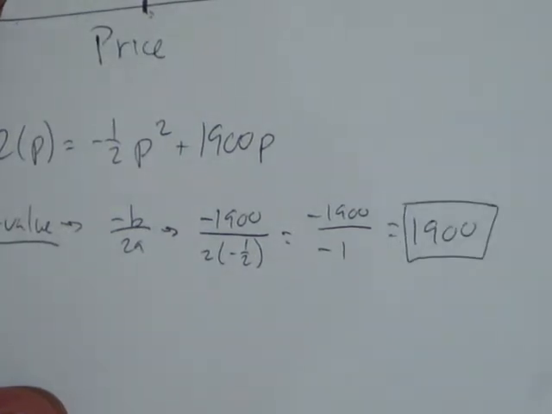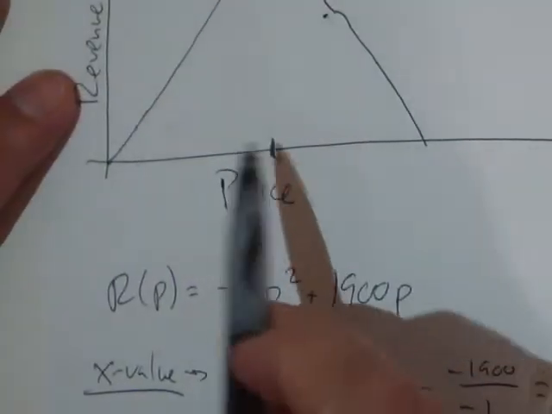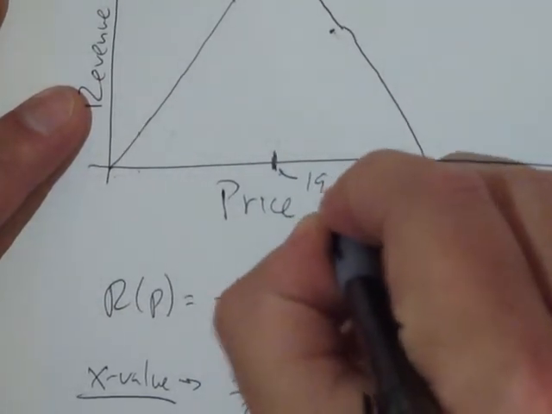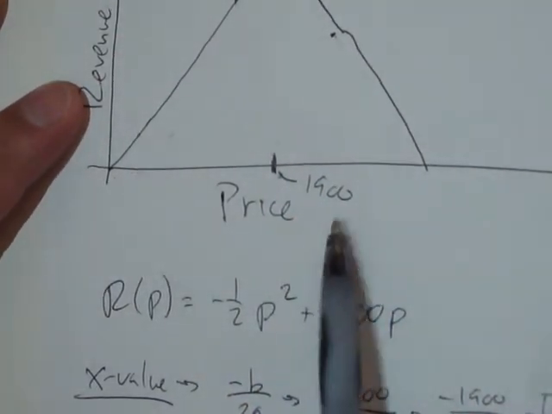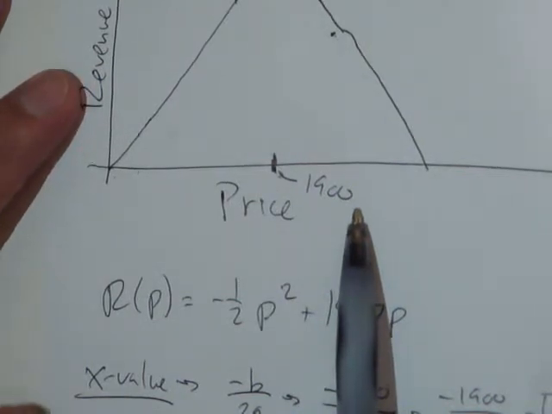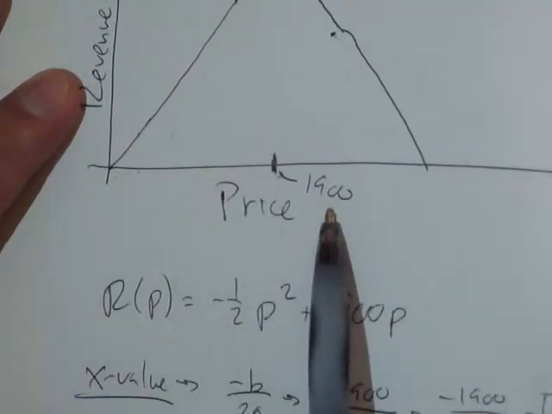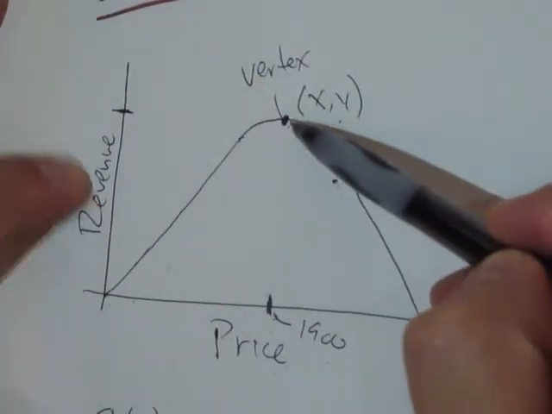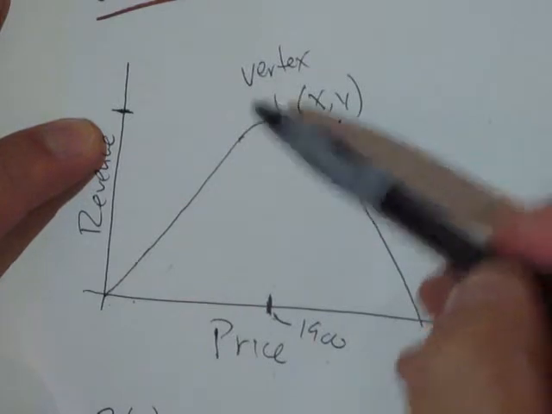So that's the X value of our vertex. That's the price they have to charge for this riding lawnmower. This is 1900. If they charge $1,900 for each lawnmower, it's a riding lawnmower, so it's a little bit more fancy, then that will maximize their revenue, maximize their profits.